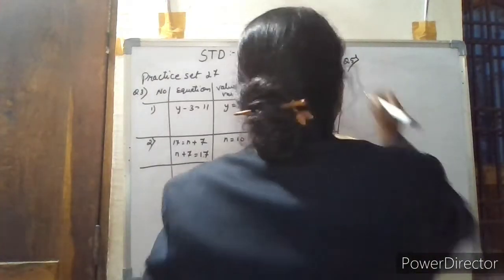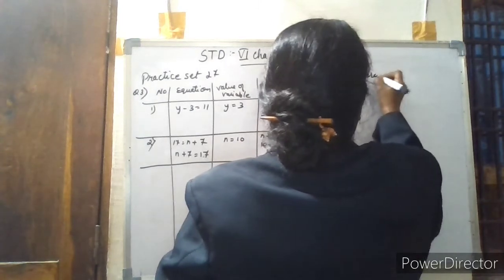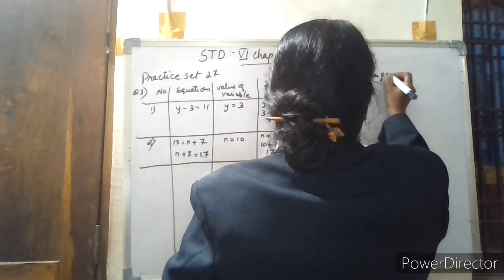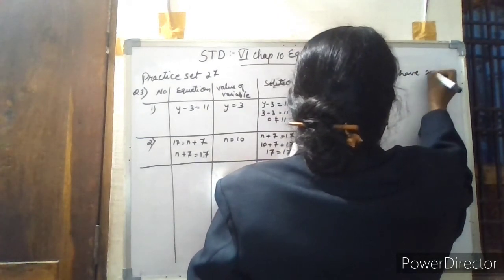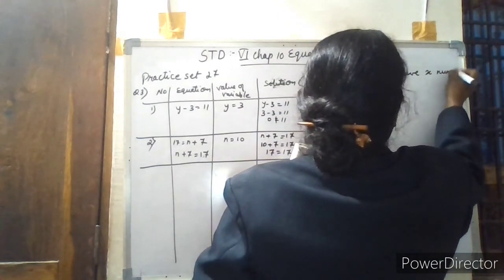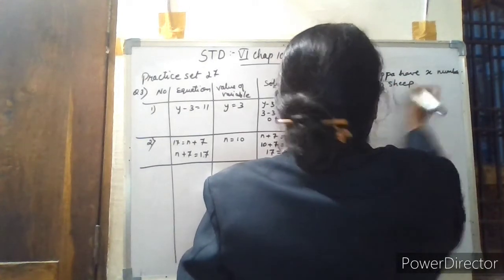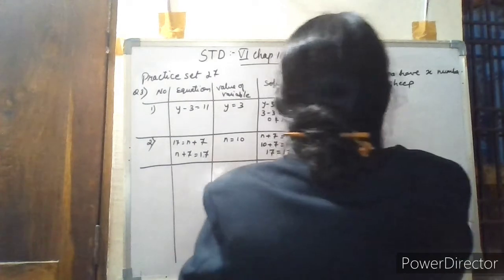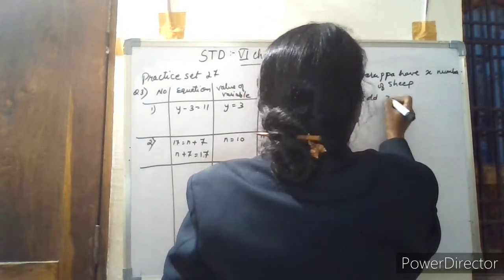So let Harappa have X number of sheep. Therefore, he sold 34 sheep.